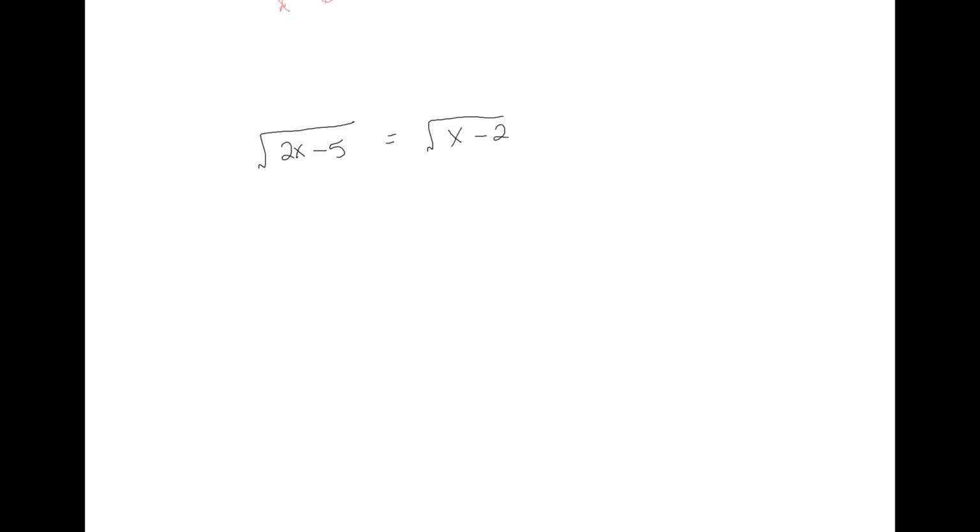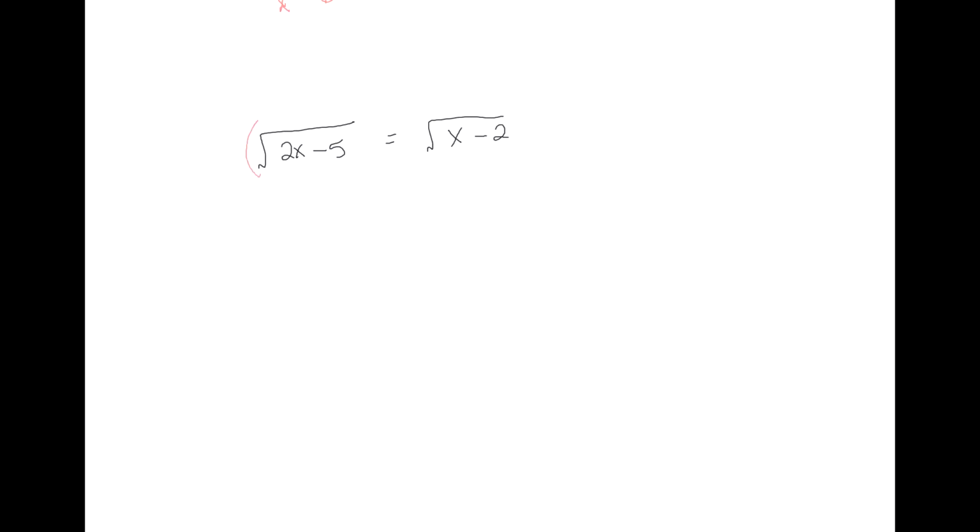What if I had the square root on both sides? I'm just going to square both sides. That's what I would do. If I have just the square root on one side, it's already isolated.